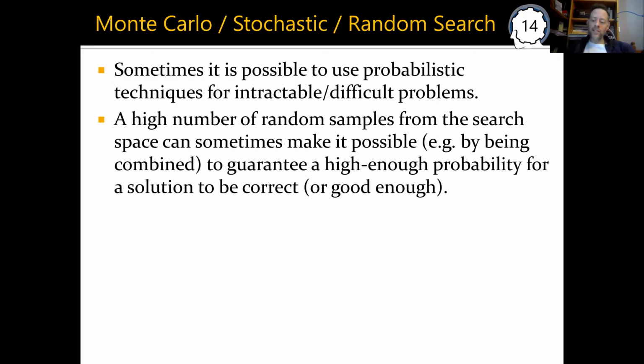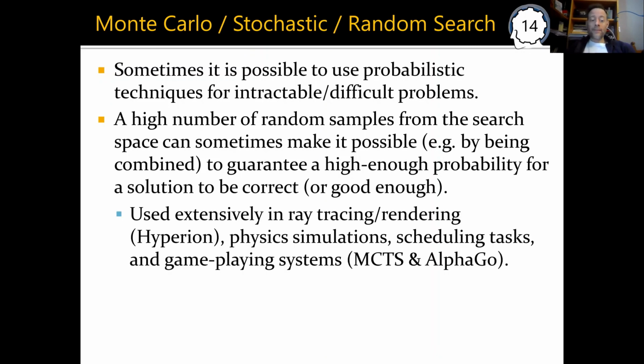Out of the really, really high number of possible choices, you randomly select a few and see whether they are correct. These are used in many different situations, for example ray tracing, physics simulation, scheduling, and game playing.